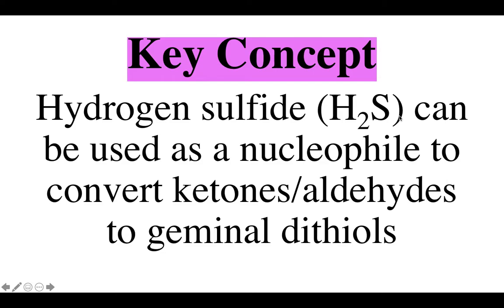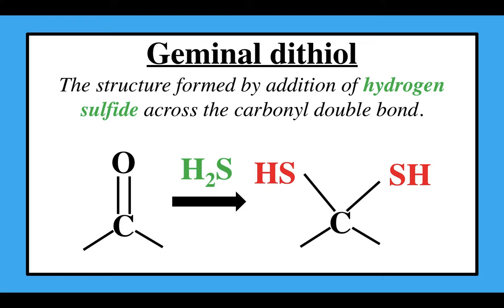Hydrogen sulfide will nucleophilically attack our carbonyl groups, and it'll make them into geminal dithiols. So this is a geminal dithiol. It's a carbon single bonded to one thiol group, single bonded to another thiol group. So just like our hydrate, except instead of OH groups, we have SH groups. And in order to accomplish that, we used hydrogen sulfide instead of water.